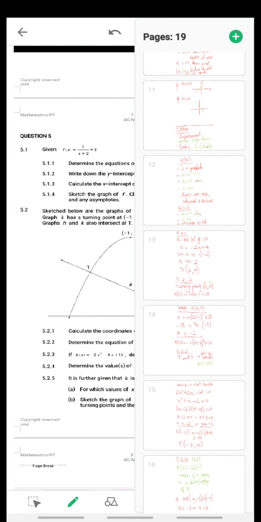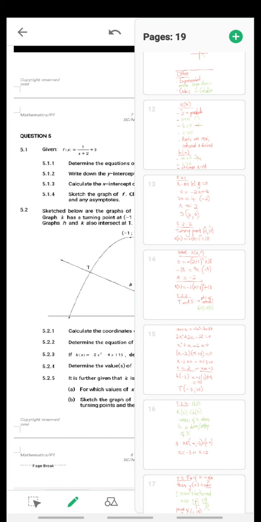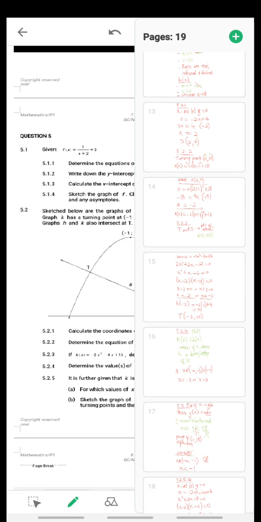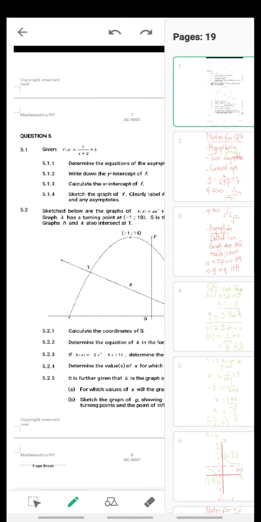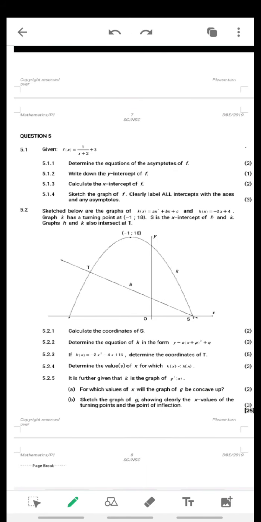Already we have seen that the graph of h will be on top of the graph of k from minus infinity up to minus 3 and from 2 up to positive infinity. Remember the graph starts somewhere there, which is negative infinity, but will stop somewhere there at minus 3. You remember, we are talking about the values of x. So it will stop there being on top of the graph of k.